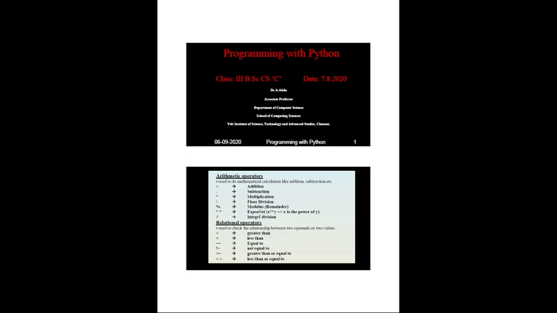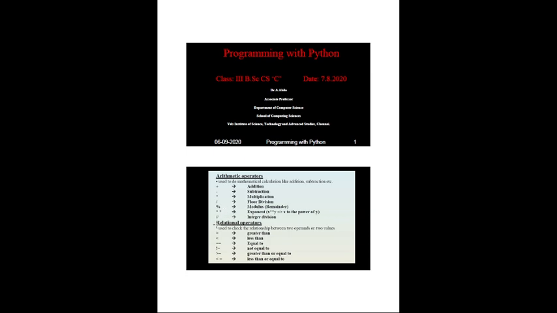Then there is the modulus operator, which gives the remainder. When I give the same example, 5/3, the quotient is what we get using slash. But when you want to get the remainder, 5 modulus 3 means I'll be getting the remainder as 2. So when you want to get the remainder of the division, you can use this modulus operator.